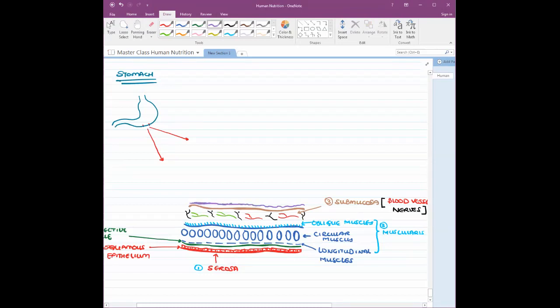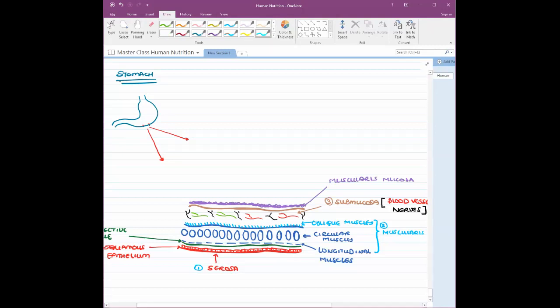Now guys, what are we going to call these muscles? These muscles are called your muscularis mucosa, because these are muscles present in the mucous layer, right? So this becomes muscularis mucosa. On top of this muscularis mucosa, guys, you are going to have the lamina propria.